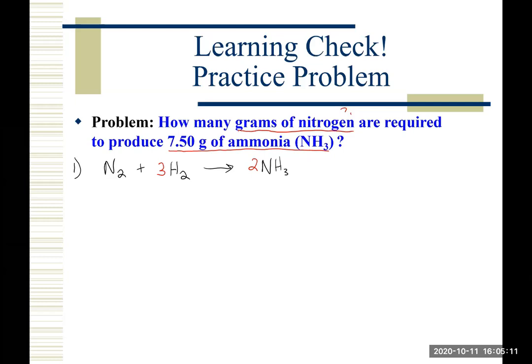So number 2, we're going to use these molar ratios. Number 3, we're going to convert those molar ratios into some kind of conversion factor that we can cross-cancel so that we can get from one substance to another substance, substance A to substance B. So we start this calculation with the only data value we have, which is 7.50 grams of NH3.